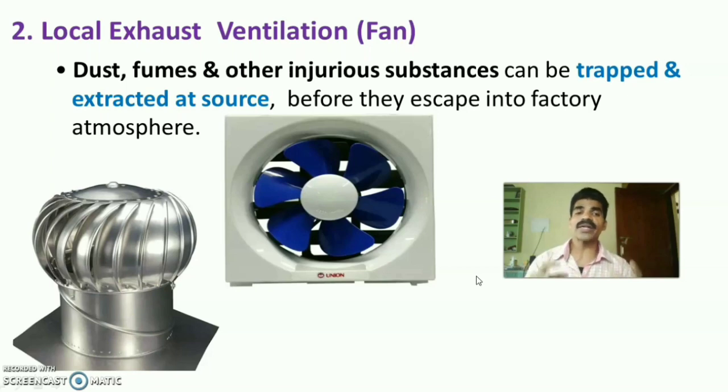So to prevent the occupational diseases to the employees, the dust, fumes and other injurious substances can be trapped and extracted at source by use of local exhaust ventilation before they escape into the factory atmosphere. And they can maintain the permitted level of the concentration of this chemical, dust or chemical substance which is emitted from the factory or industry. So that is about local exhaust ventilation or local exhaust fan.